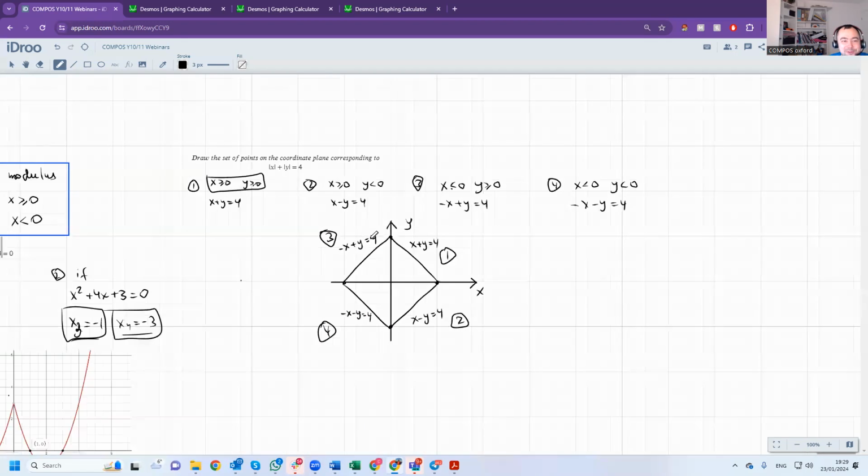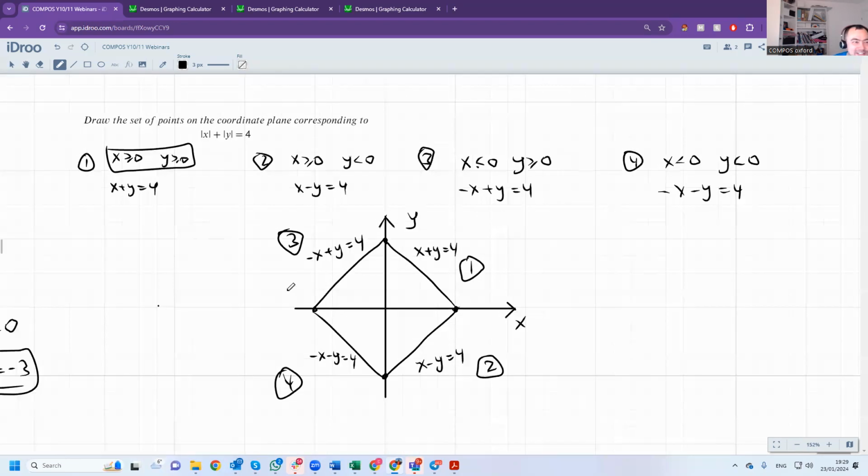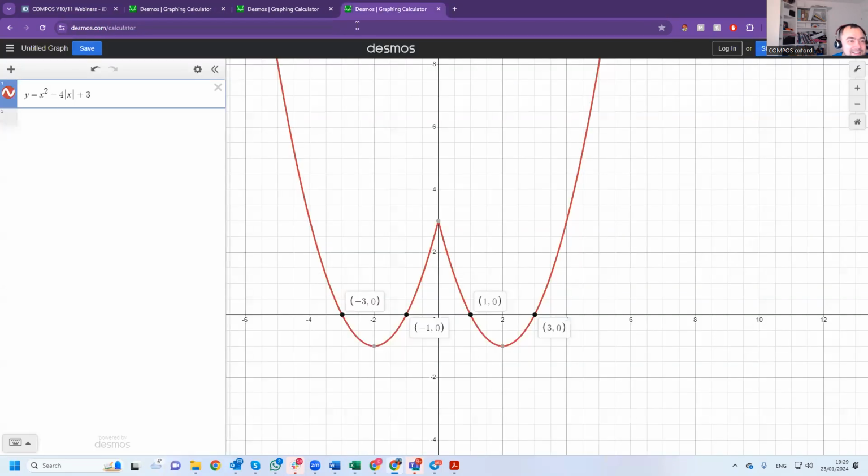So this is a graph of this thing. It does resemble x squared plus y squared equals 4 squared. It does look something like that. Let's have a look.